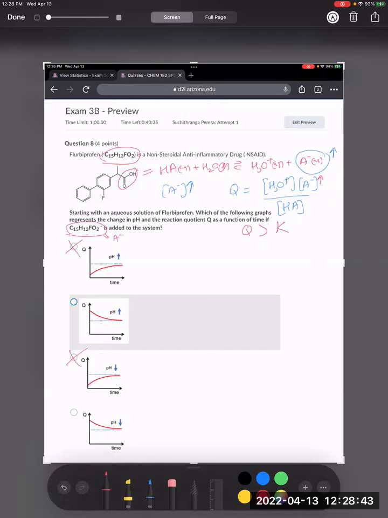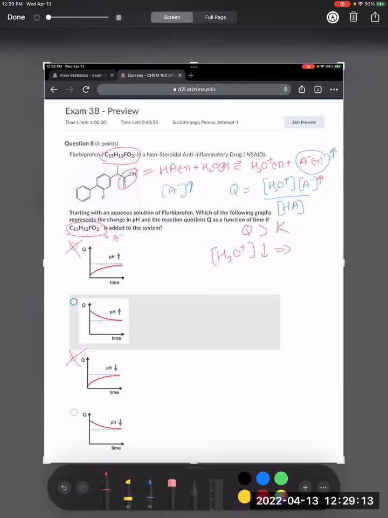And then Q is going to come down. Q needs to decrease to come down to the K value. To do that, our products need to be converted to reactants. That means H3O plus, which is a product, will be consumed to produce more reactants. As a result, the H3O plus concentration should decrease.